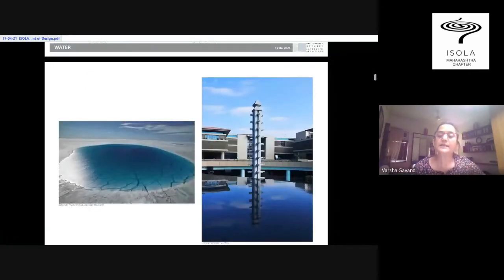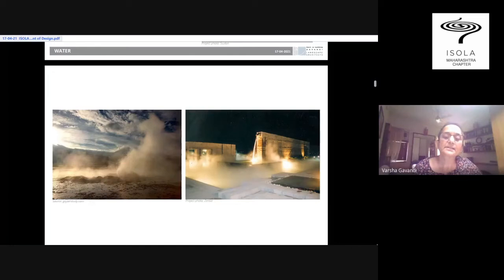The other quality which makes it different from the rest of the natural elements is its ability to exist in different states. What you see in this picture is a liquid state of water which can easily be contained. Then there is the gaseous state of water which can easily disperse, and it makes the space more mysterious.